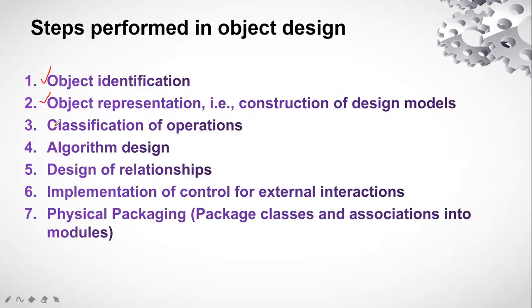Next, we have classification of operations. Fourth, algorithm design. Fifth, design of relationships. Sixth, implementation of control for external interactions. And seventh, physical packaging. Right? So we are going to see the steps one by one.